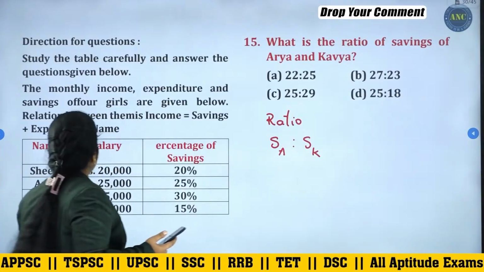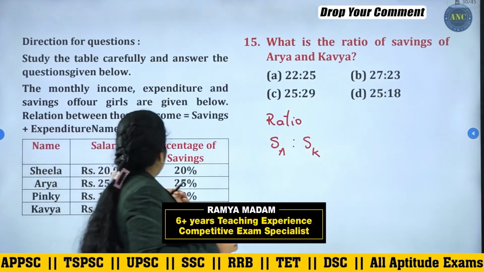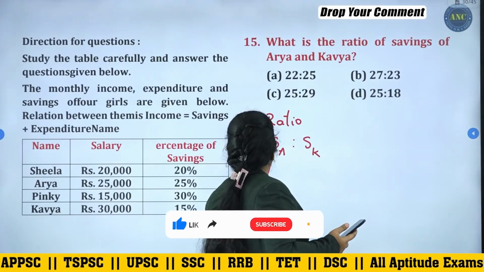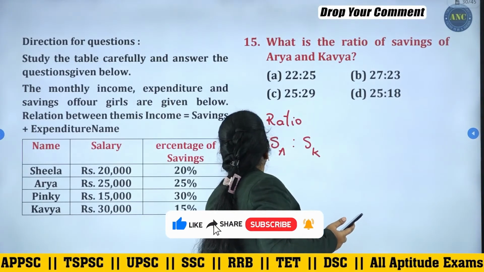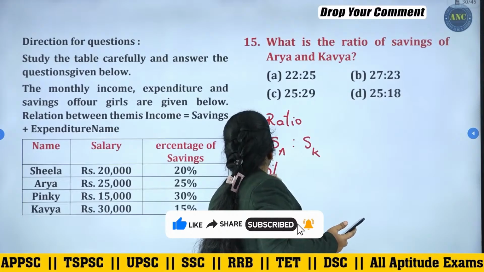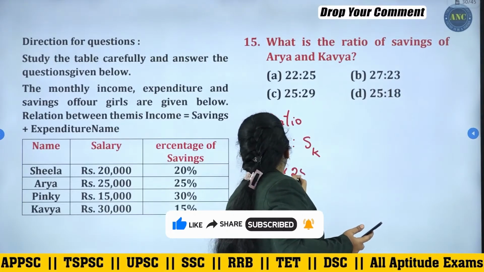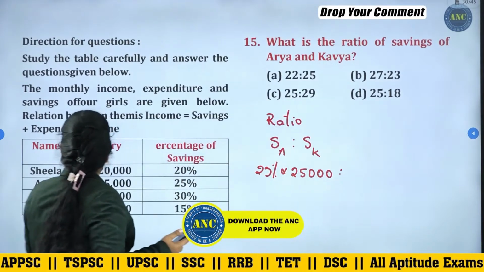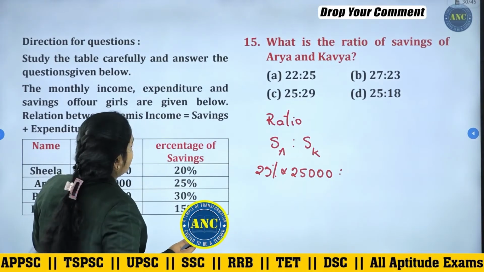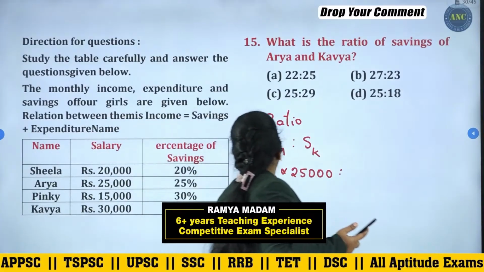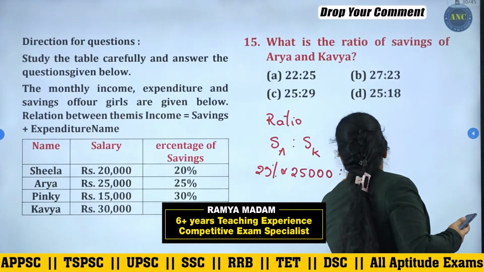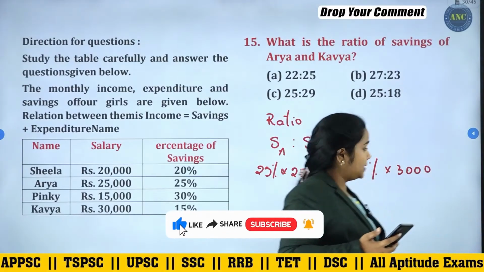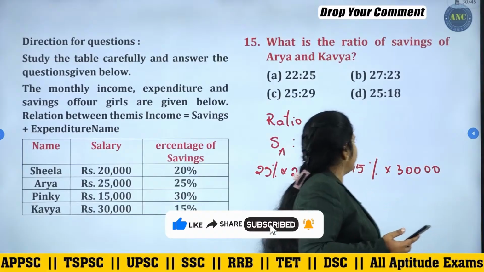First, Arya's savings: 25% of 25,000 is to Kavya's: 15% of 30,000. Yes, 30,000.